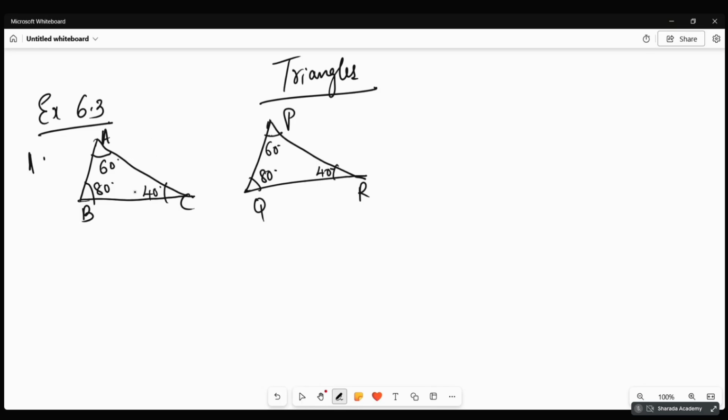Listen here. ABC and PQR are similar because all the three corresponding angles are equal. That's why the two triangles are similar. So, triangle ABC is similar to triangle PQR. That means angle A is equal to angle P, angle B is equal to angle Q, and angle C is equal to angle R.